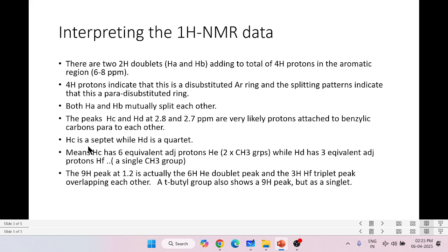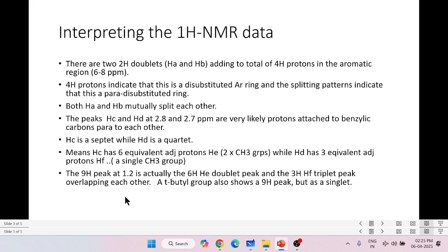HC is a septet while HD is a quartet, which means HC has 6 equivalent adjacent protons, signal HE, which is 2 equivalent methyl groups, while HD has 3 equivalent adjacent protons, signal HF, a single methyl group. So the 9H peak at 1.2 ppm is a combination of the 6H HE, which is a doublet, and the 3H HF, which is a triplet. They are overlapping each other.